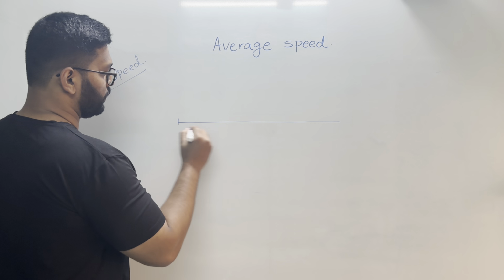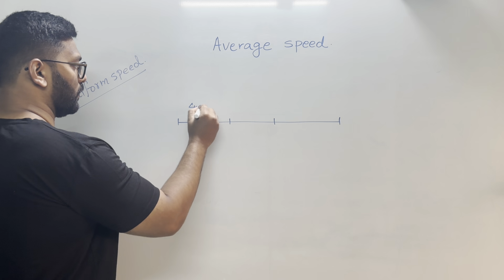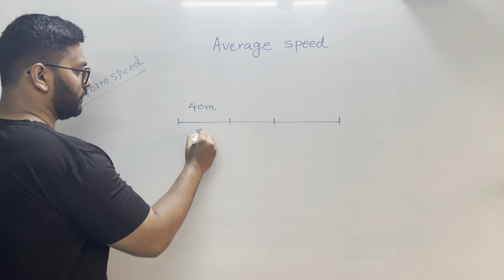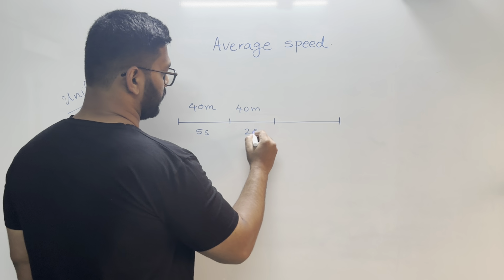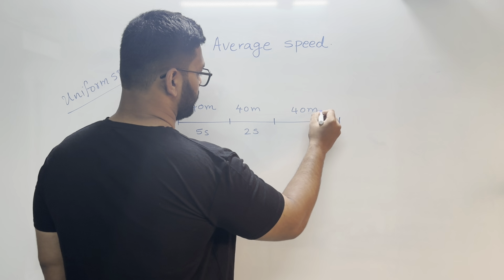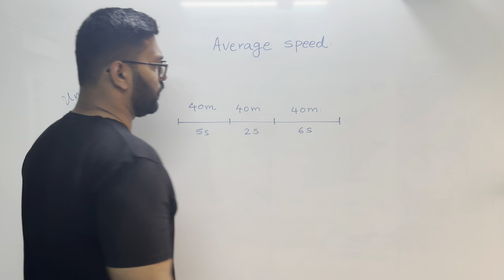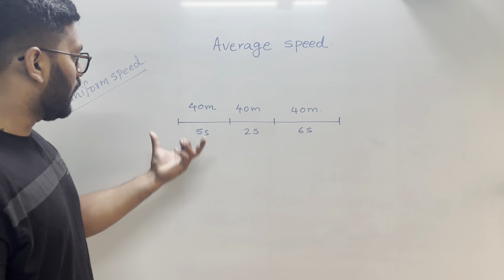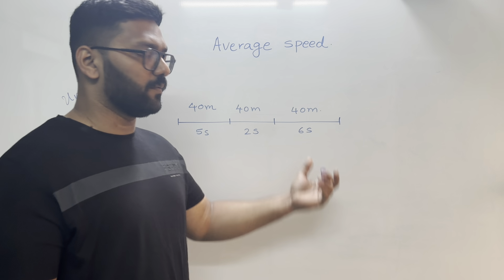Suppose we have a situation like this. It is covering a 40-meter distance in 5 seconds, another 40-meter distance in 2 seconds, and another 40-meter distance in maybe 6 seconds or whatever. Now you can see here the distance intervals are equal but the time intervals are different.